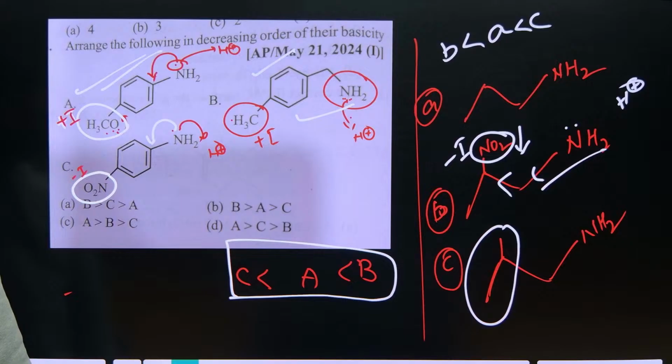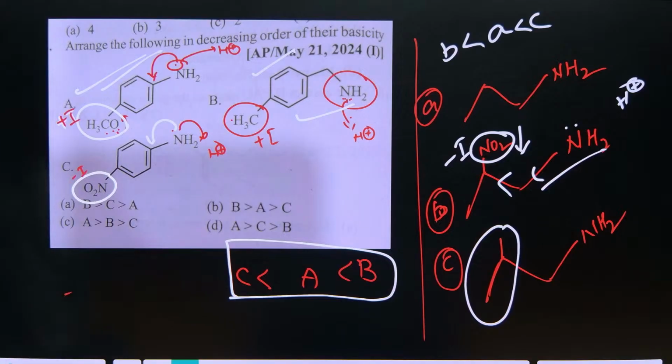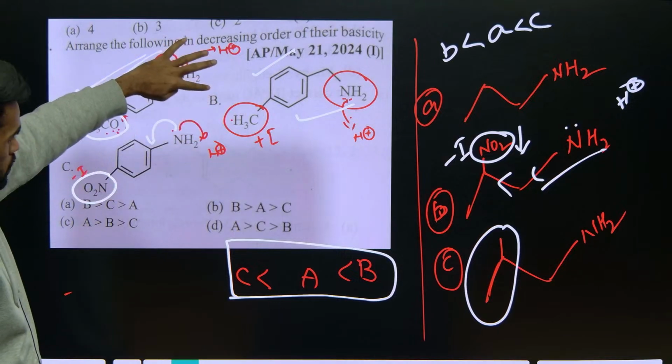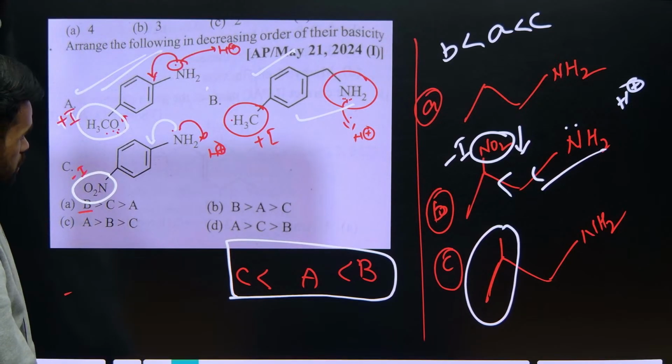So where do we have the order C, A, B? Which is more basic here? B is more basic. After this B, A should be more basic.